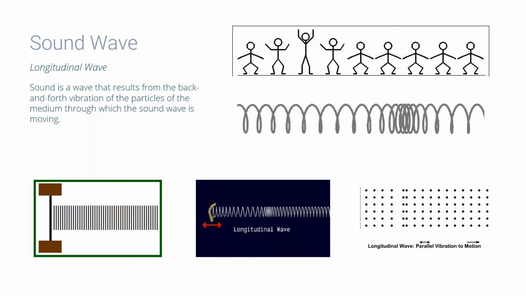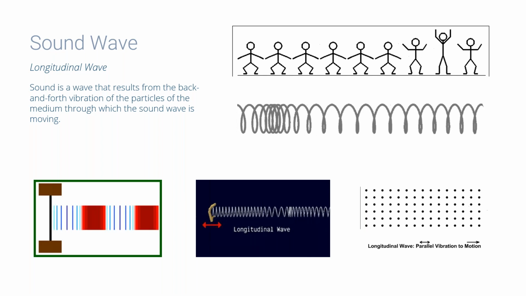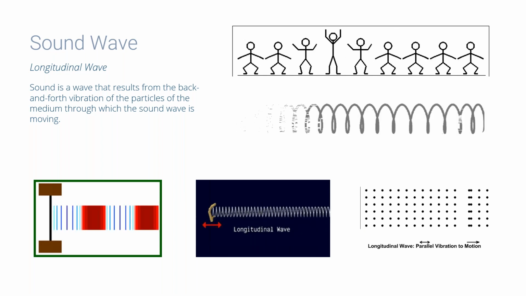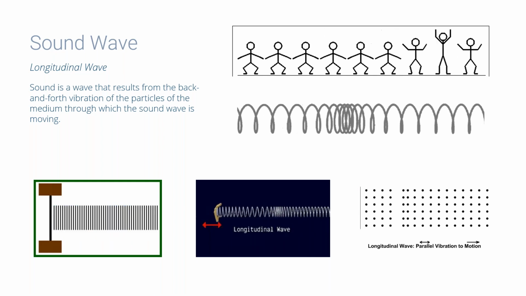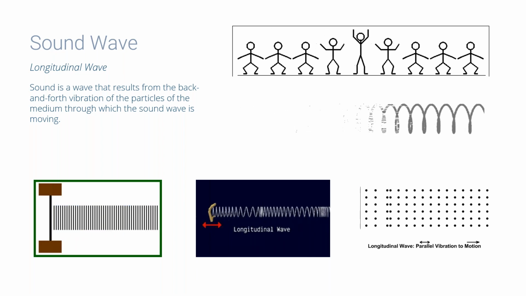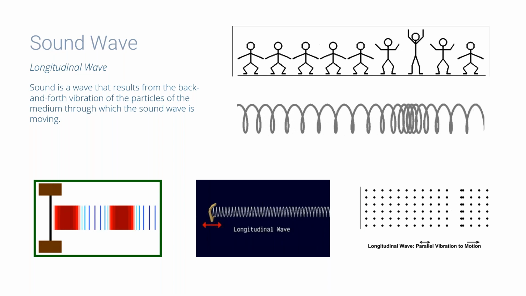So a sound wave, you can kind of think of it almost like a slinky, right? So when the noise is first made, the sound wave affects the air particles closest to it, and then those air particles move the particles next to it, next to it, next to it, right?